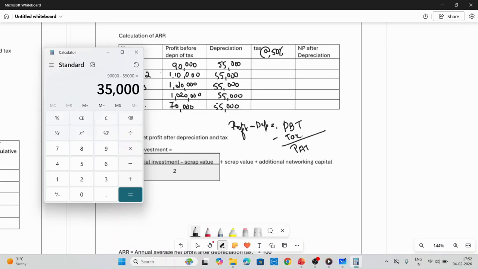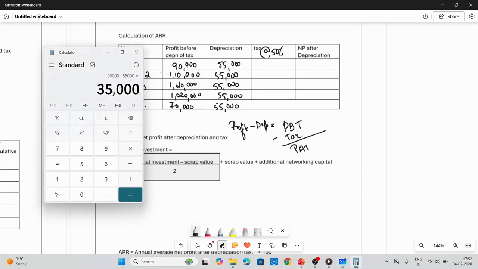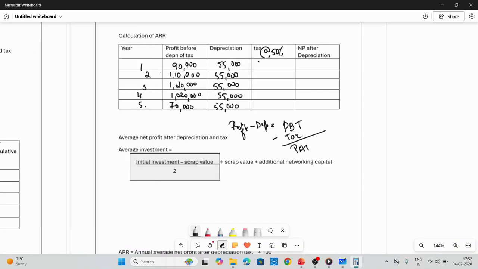Profit minus depreciation is equal to PBT, minus tax is equal to PAT. So now what's the profit before depreciation and tax? It's 90,000. 90,000 minus 55,000 is 35,000 at 50%. So 35,000 at 50% is what? 17,500.